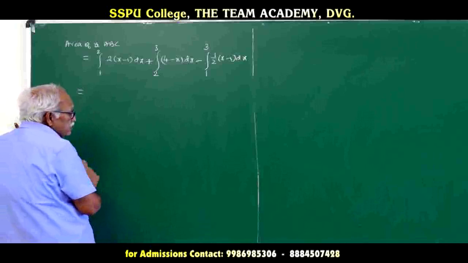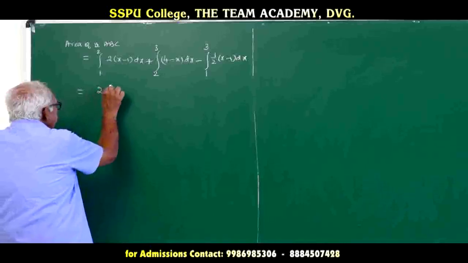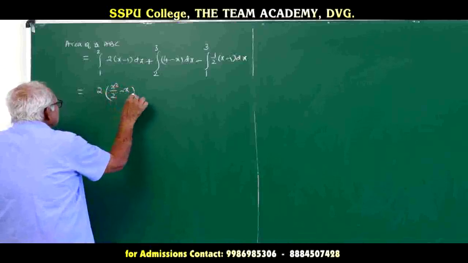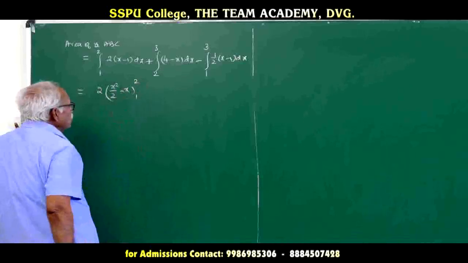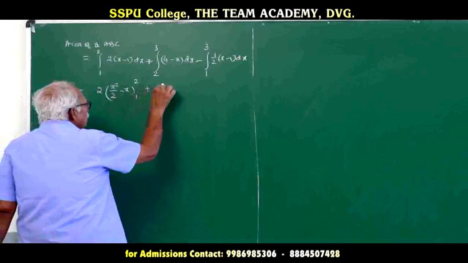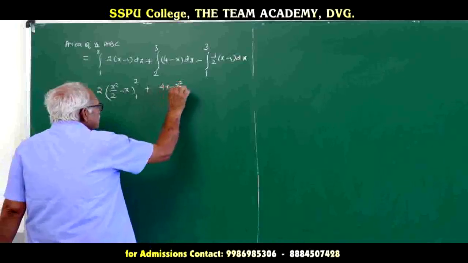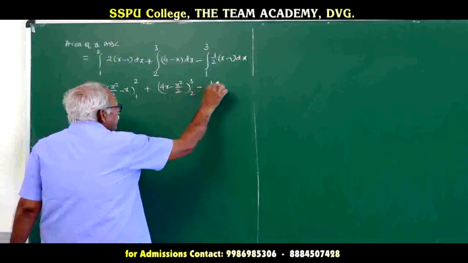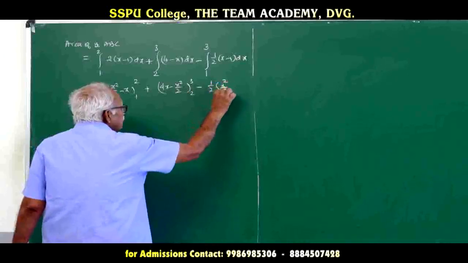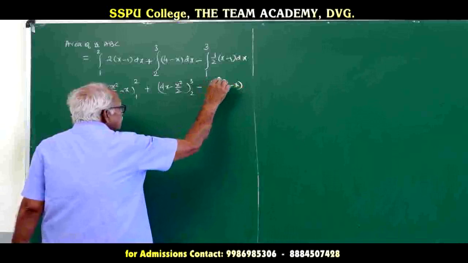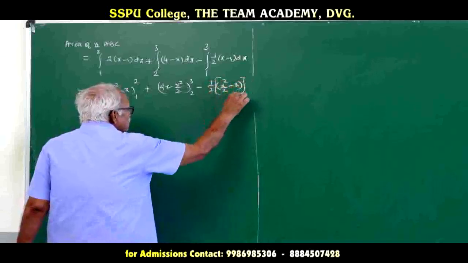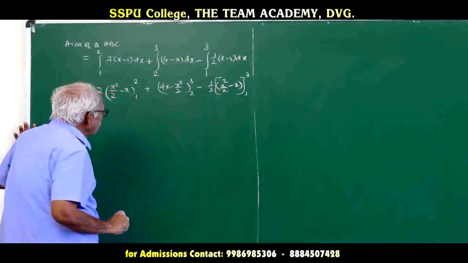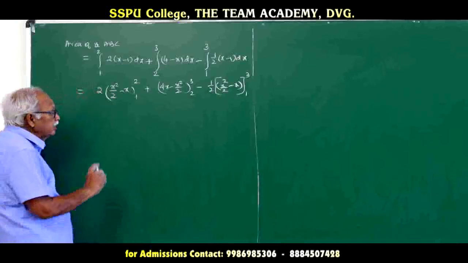Let us evaluate this. 2 into x square by 2 minus x with the limits 1 to 2. 4x minus x square by 2 with the limits 2 to 3. 1 by 2 into x square by 2 minus x with the limits 1 and 3. Now, upper limit minus lower limit we have to use.